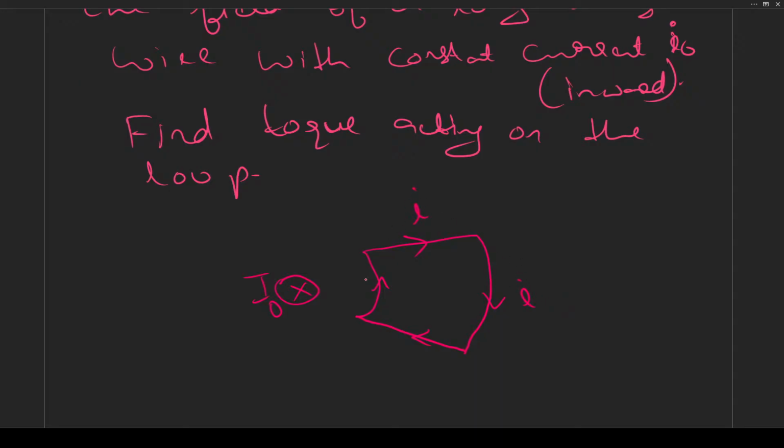I, I, and I. This is I naught. Now let's assume the angle it's making here is 2 theta, and this distance is A, and this whole distance to be B.